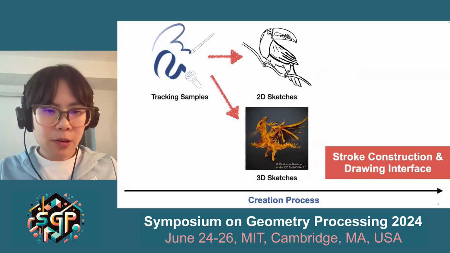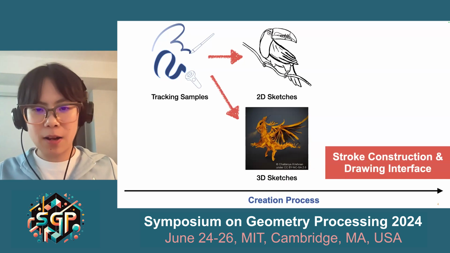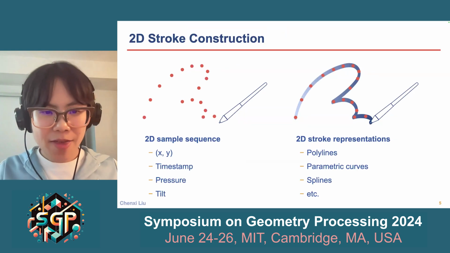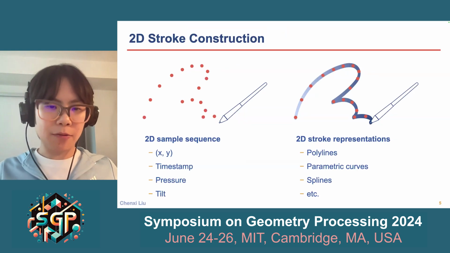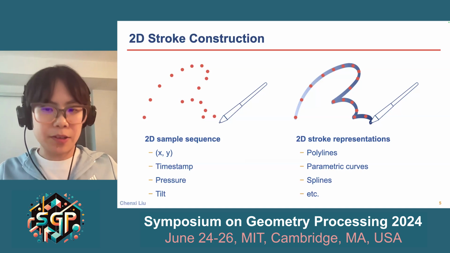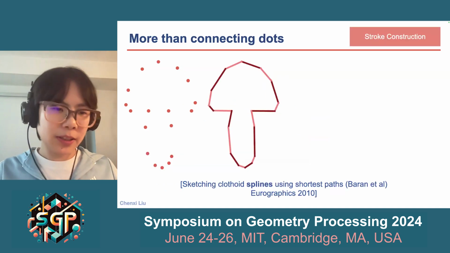So for the low level, we'll see how 2D and 3D strokes are constructed and some common drawing interfaces. As a reminder, the very basic procedure of a drawing interface is to turn a sample sequence into a digital stroke. We can trivially connect the dots into polylines, but this is not a very good representation.